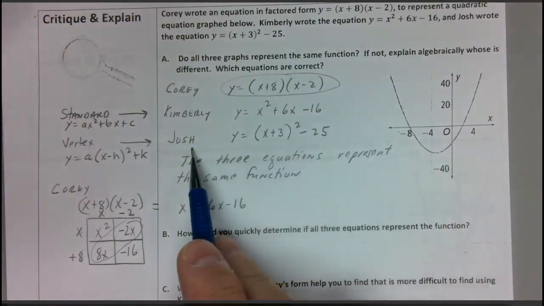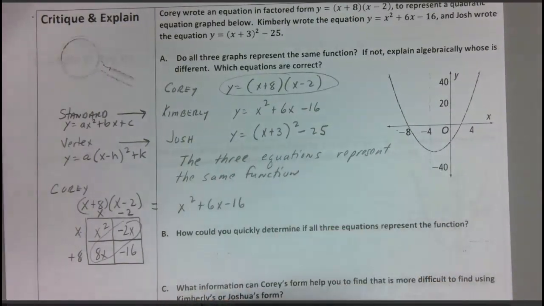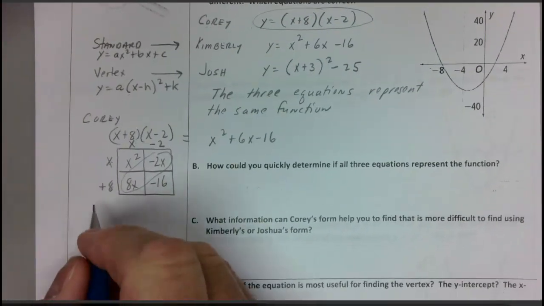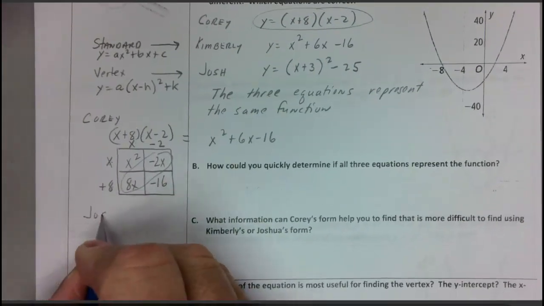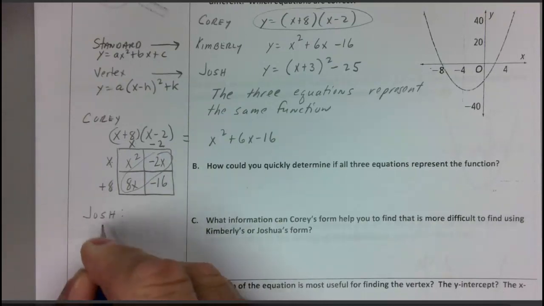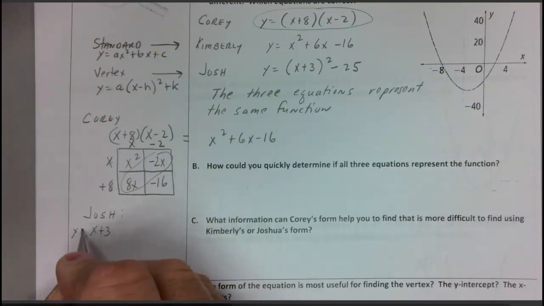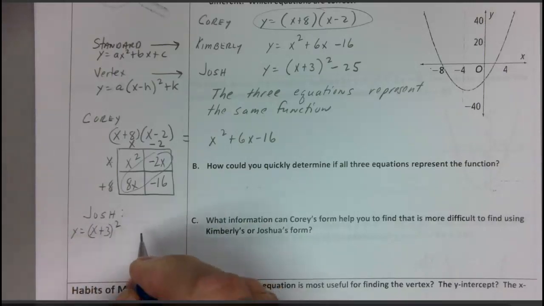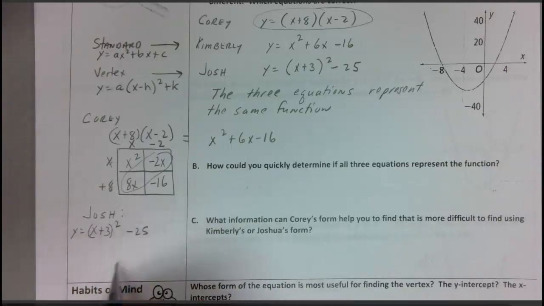And then if I take Josh's, which is in vertex form, y equals x plus 3 quantity squared minus 25. Now I've got to multiply this out, x plus 3 times x plus 3. I'll do it over here.